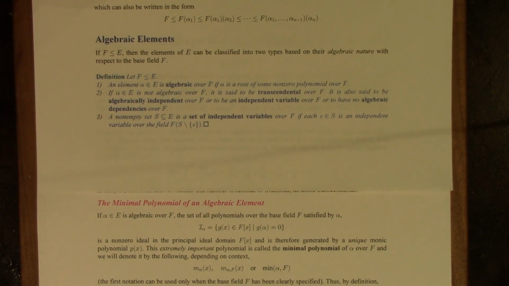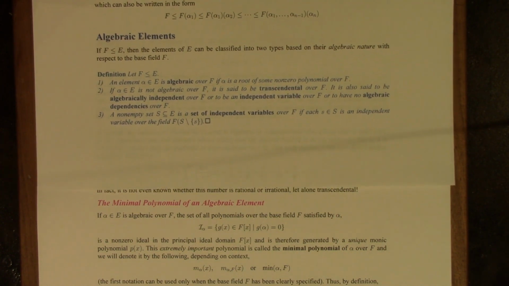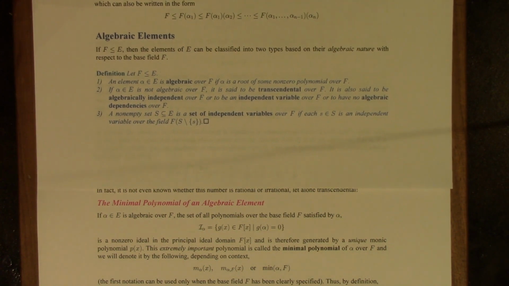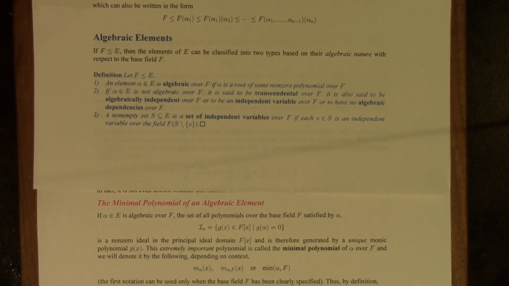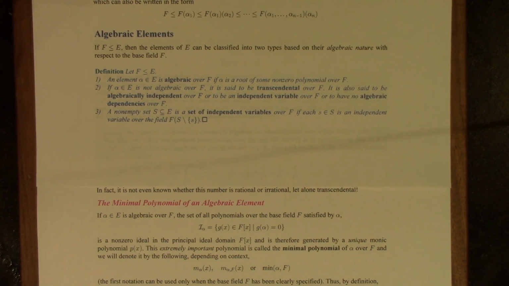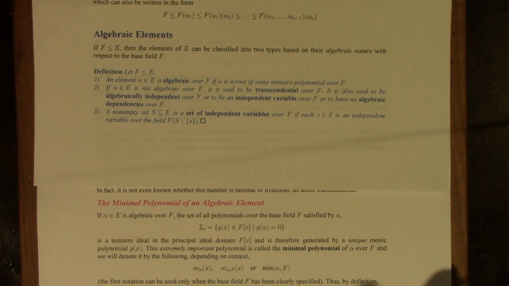I'm going to say that again. You could have two elements of E, each of which is an independent variable over F, but the set consisting of those two elements need not be a set of independent variables. And there's a very simple example, so I'm going to let you think on that, because this is a critical point.